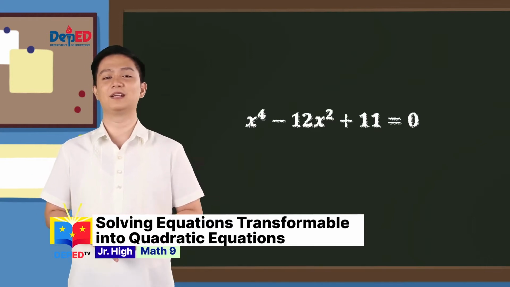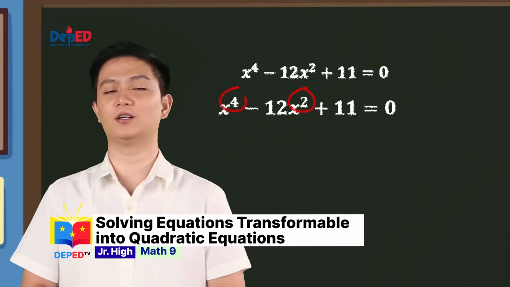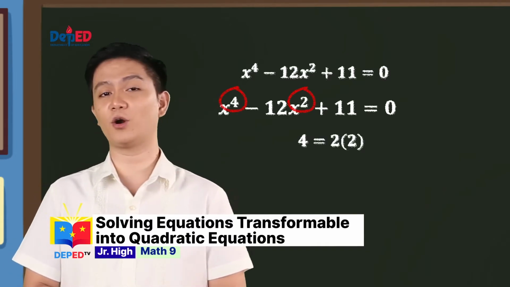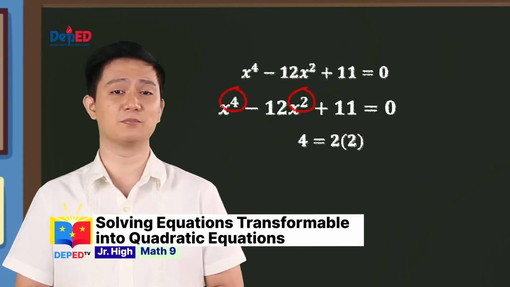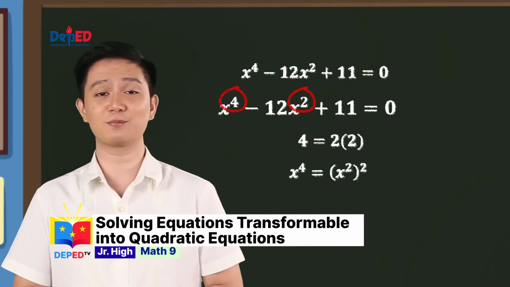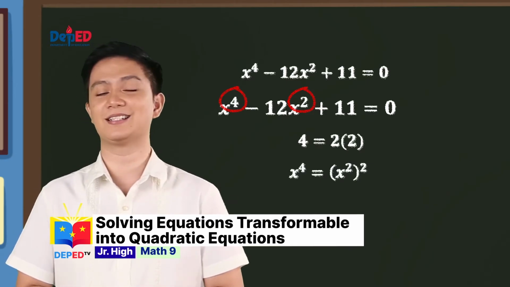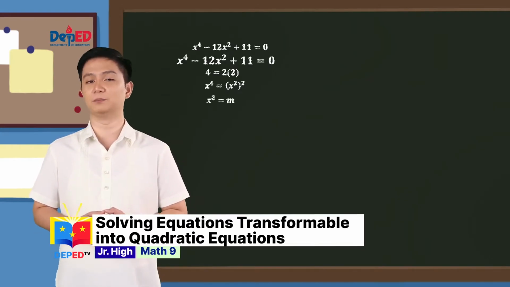Here's how. We can see that the exponents of the variable x are 2 and 4, where the higher, which is 4, is twice the lower, which is 2. This means we can express the variable with a higher exponent in terms of the one with the lower exponent. So let's say we let x squared be equal to m.